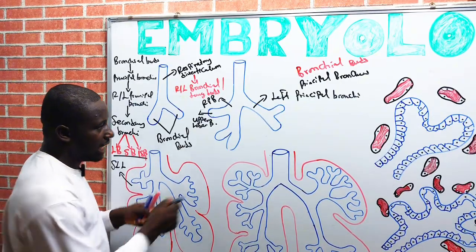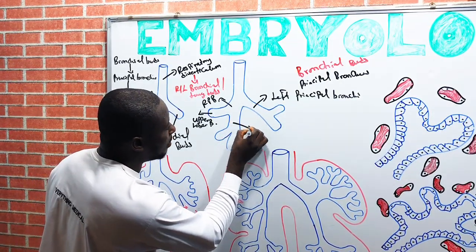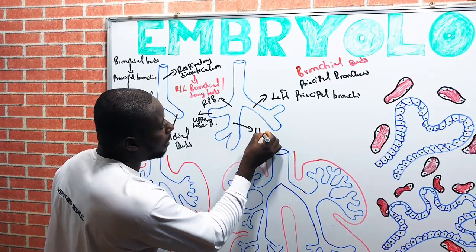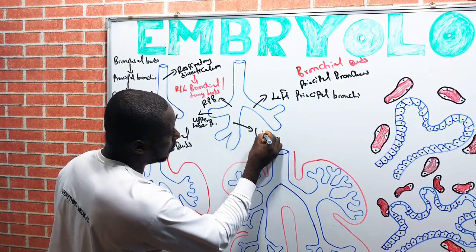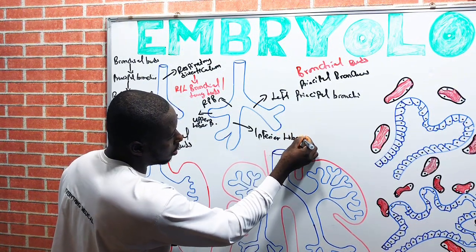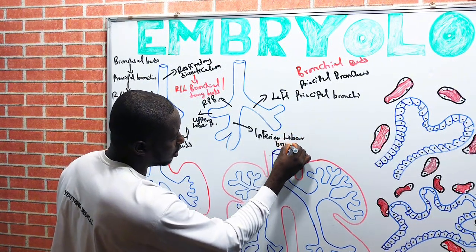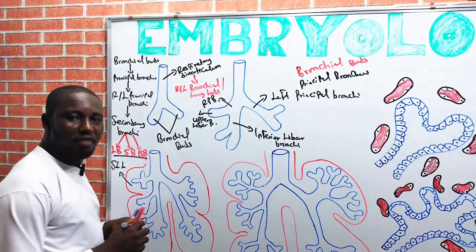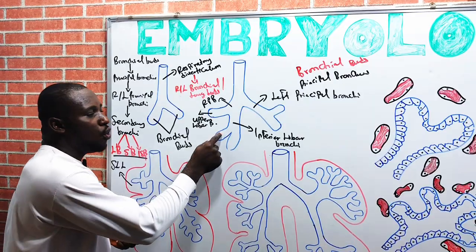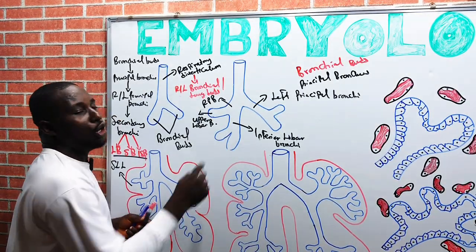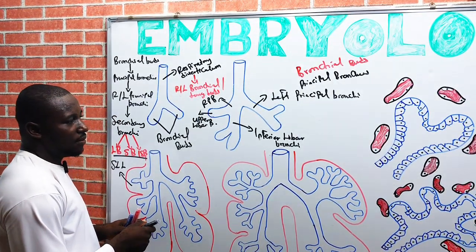Then the inferior lobar bronchi here. This is the inferior lobar bronchi. The inferior lobar bronchi is subdivided to form the middle and lower lobar bronchi, right?